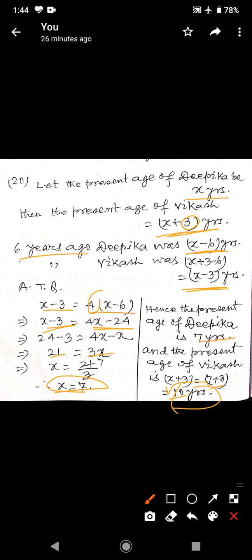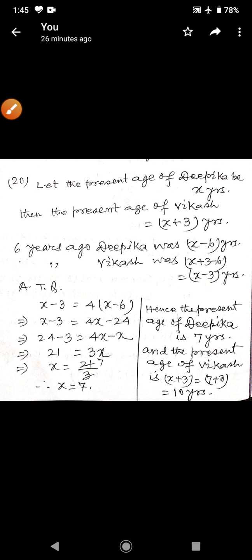It can be written as x minus 3 equal to 4x minus 24. 24 minus 3 equal to 4x minus x, 21 equal to 3x. Therefore x equal to 21 by 3, therefore x equal to 7. Hence the present age of Deepika is 7 years and the present age of Vikas is x plus 3 equal to 7 plus 3, that is 10 years.